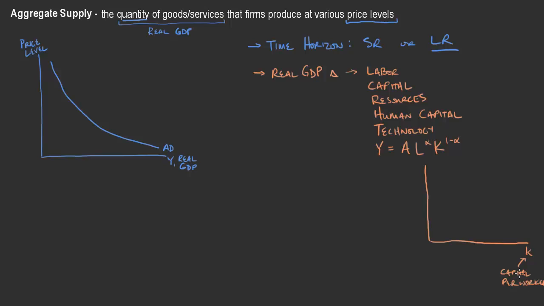I want to make sure I don't run out of space down there. And then over here, what did we have? Well, we had little y. And that little y was output per worker.